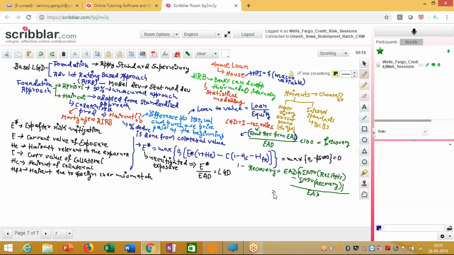So if I adjust, this will become 1 minus the summation of the net present value of the recovery minus the net present value of the recovery cost.